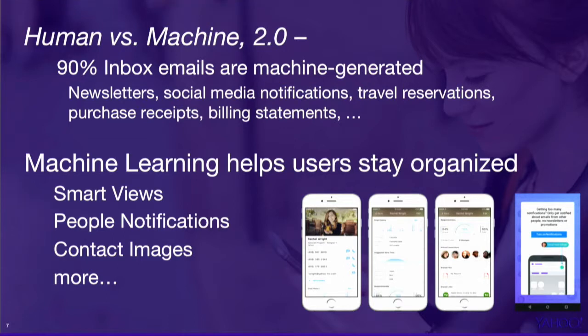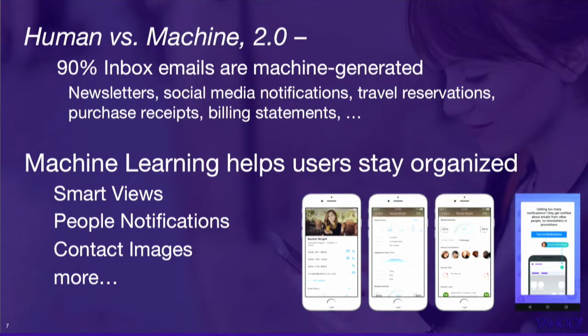These are your newsletters, social media notifications, travel reservations, purchase receipts, billing statements, etc. Because on the other side of the inbox are machines, we also need to use machine learning to help the users keep organized.